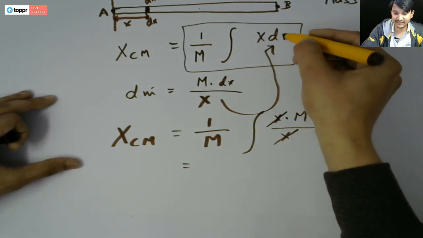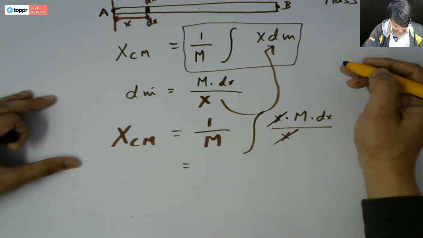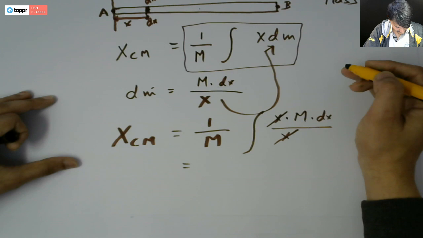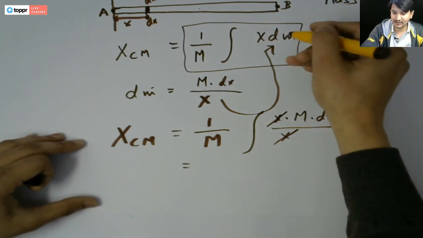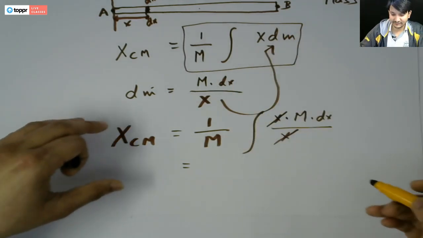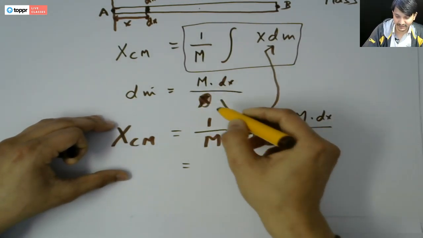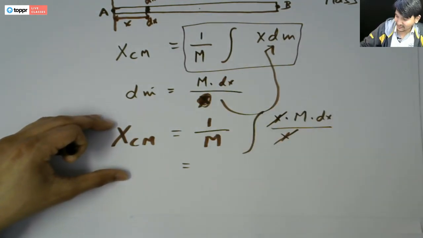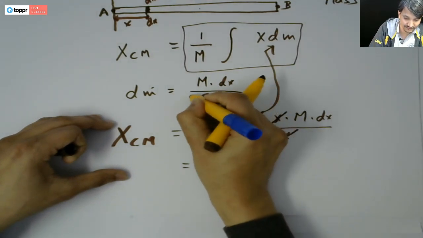I'm missing one x that should be present here outside of the integral. Yes. We have just made a mistake here writing this x here. That is wrong. This should be, let me mark it with a different color.